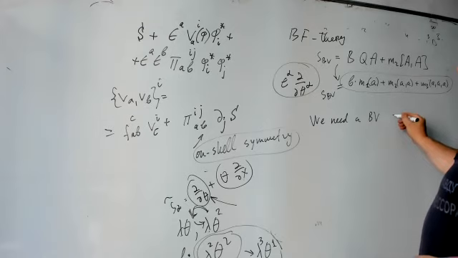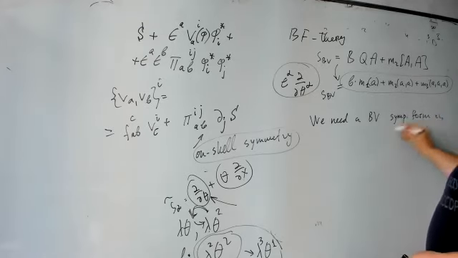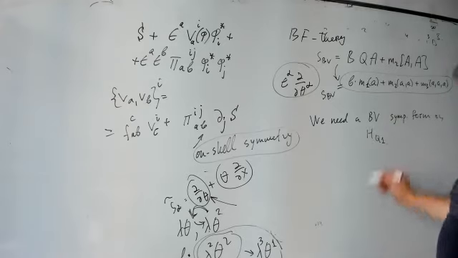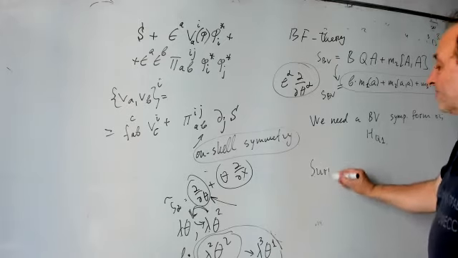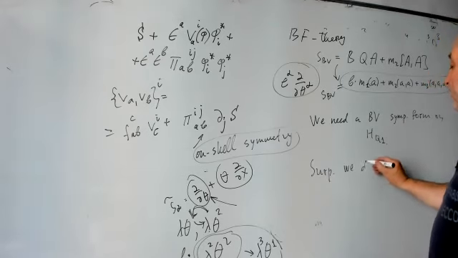A BV symplectic form on cohomology of Q1. Surprisingly, we do have it.